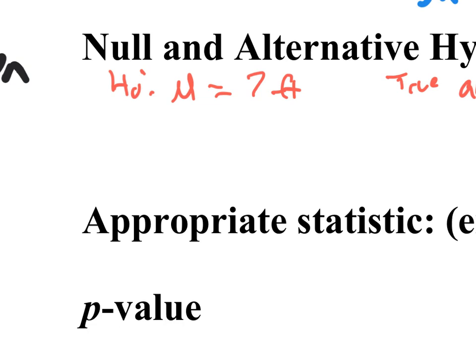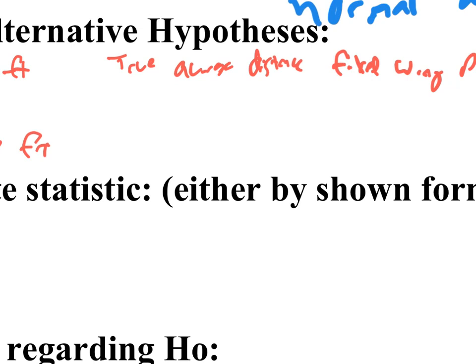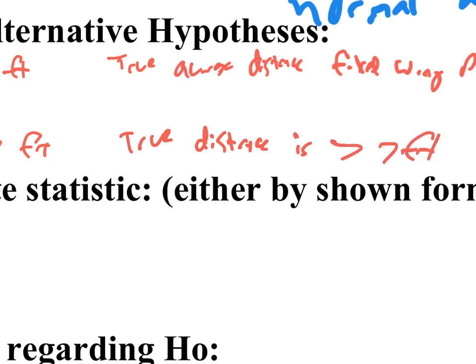But he wants to check this other class to see if mu is greater than 7 feet. True distance is greater than 7 feet. I'm not putting all the words again. True average.